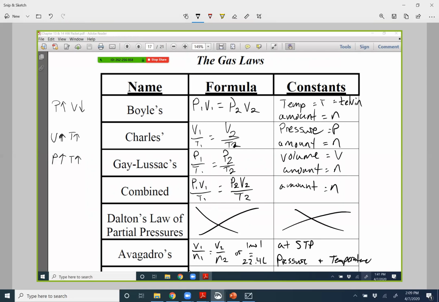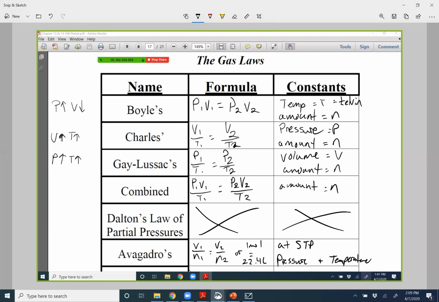This is like thinking about the weather outside, where the amount doesn't really get into it because the entire atmosphere is basically stagnant. The combined gas law is P1V1 over T1 equals P2V2 over T2. It's just a combination of these three laws.